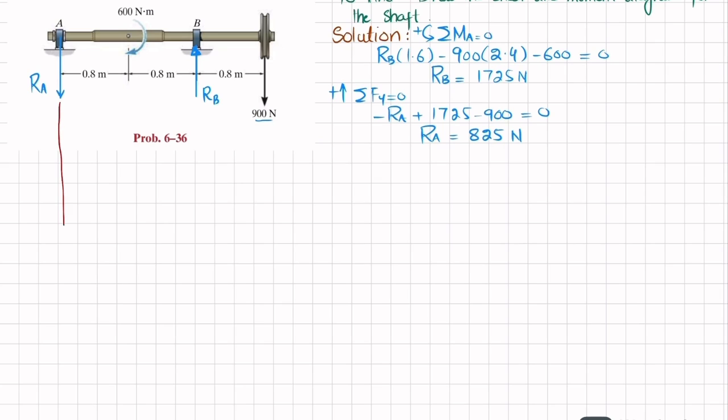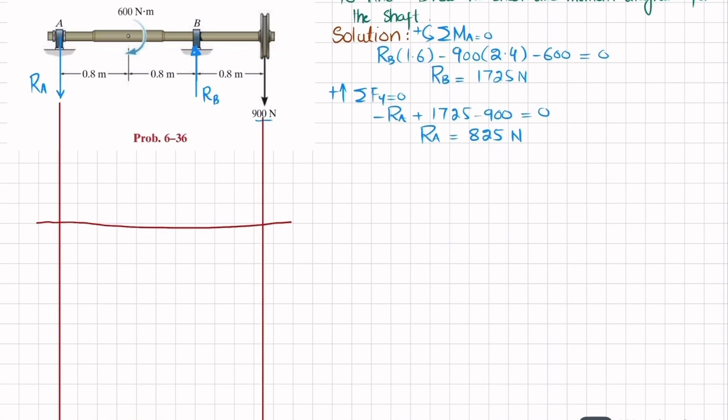For that, I will draw a vertical line from the end of this shaft or beam, and you have to first draw the shear force diagram. So again, I am going to draw it over here. This is the length x in meter. Here we will draw the shear force and the unit will be in Newton.